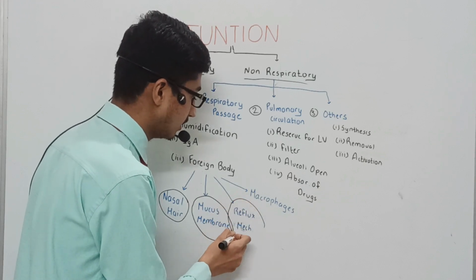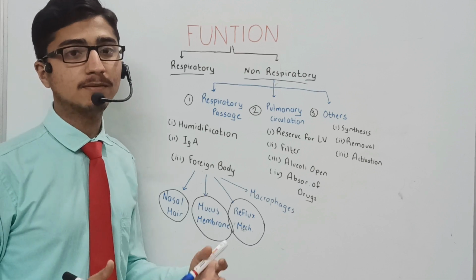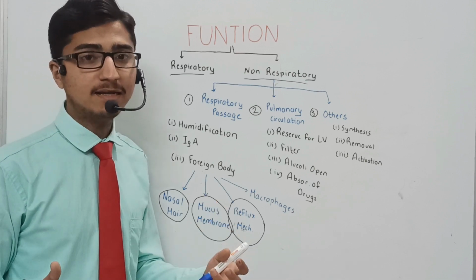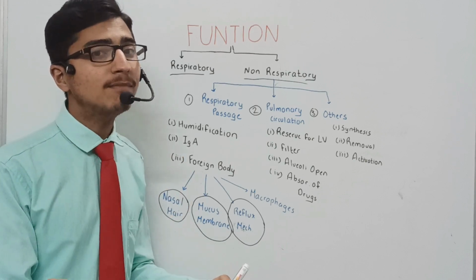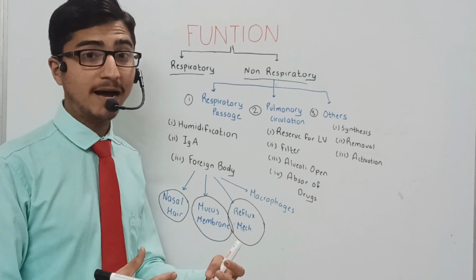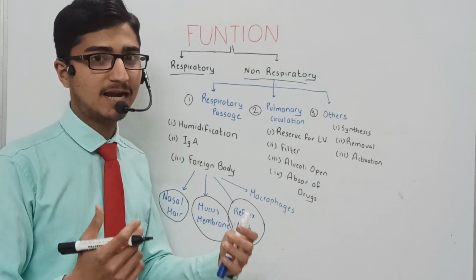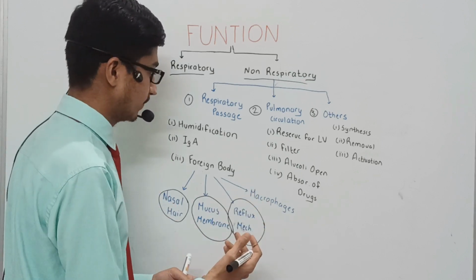Third one is the reflex mechanism. Here the microorganisms or particles which range from 2 micrometer to 10 micrometer in size will be moved out forcefully by sneeze reflex. And we will discuss these reflexes in our upcoming videos.